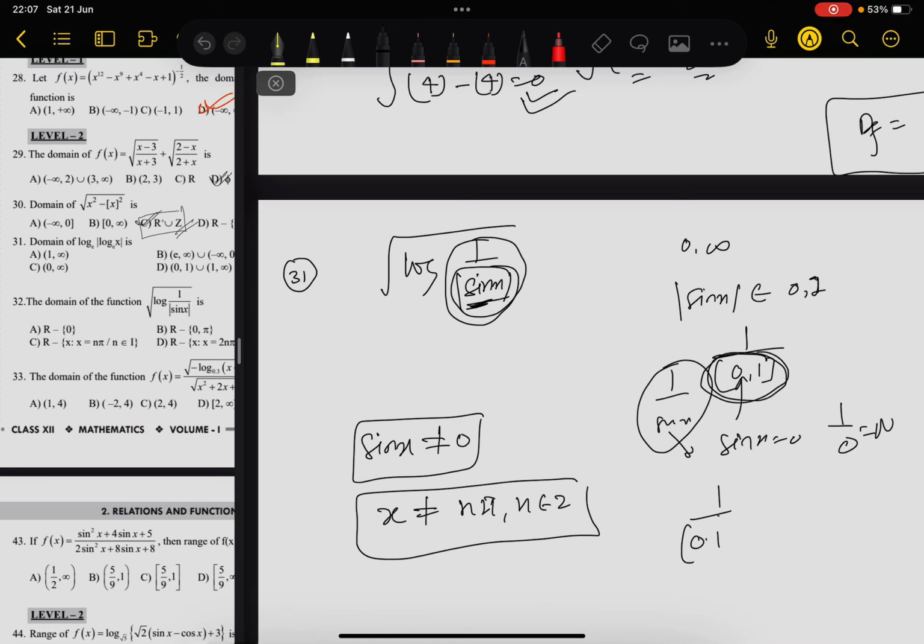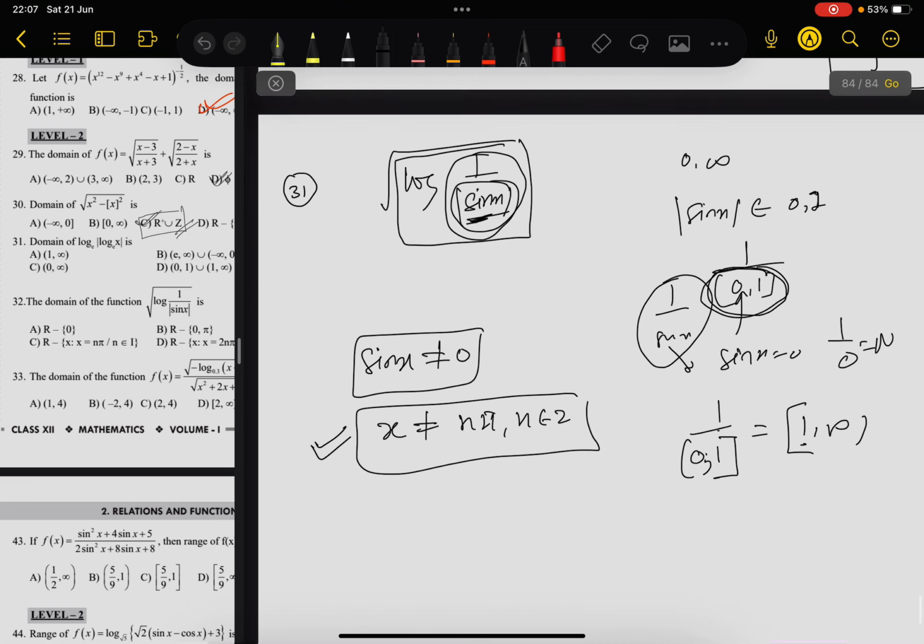So 0 not included, and this 1 included. So 1 upon 0 to 1, you will get the answer 1 to infinity, right? So from 1 to infinity, log will be defined. If log is defined, then we don't need to take the inequality that log should be positive, because it is written inside the root. So from 1 to infinity, log is always positive, right? So the root of a positive number is defined.